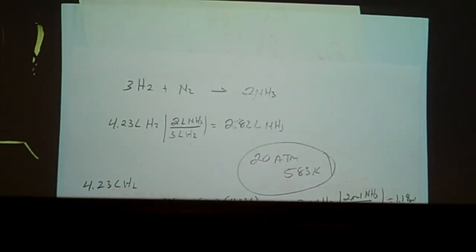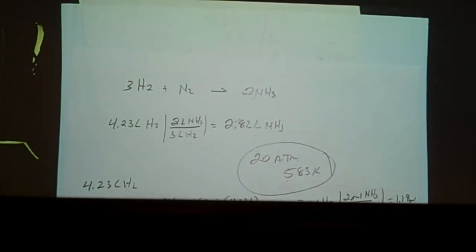So whatever temperature and pressure you plug in there, you'll get the same 2.82 liters, because the relationship is what we're working on here. The relationship says that 3 amounts of hydrogen is going to make 2 amounts of ammonia.